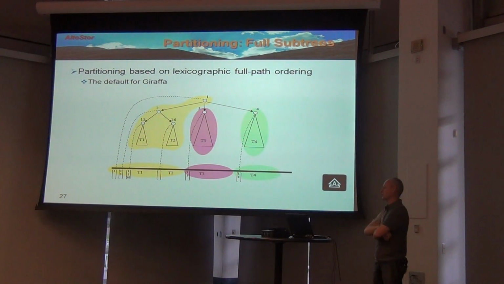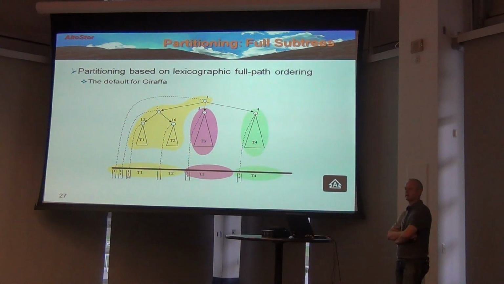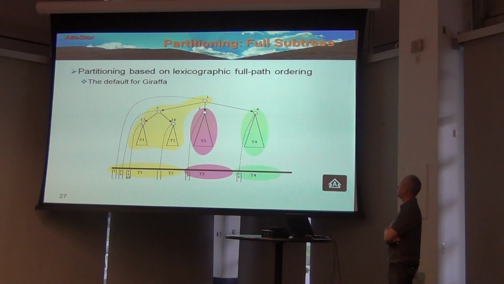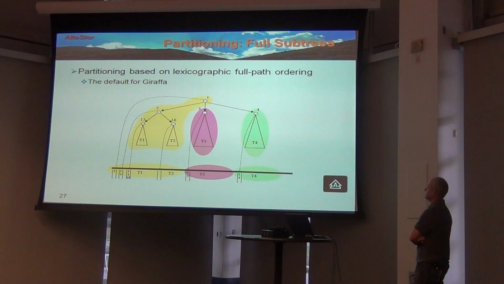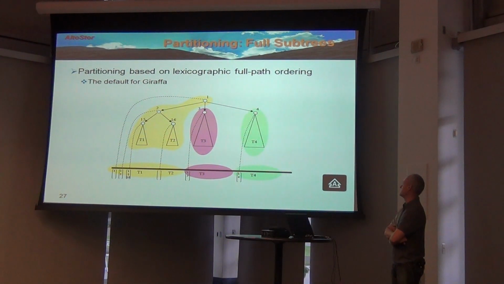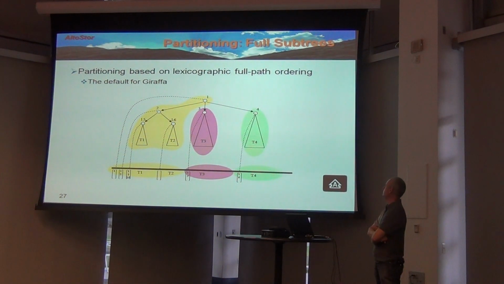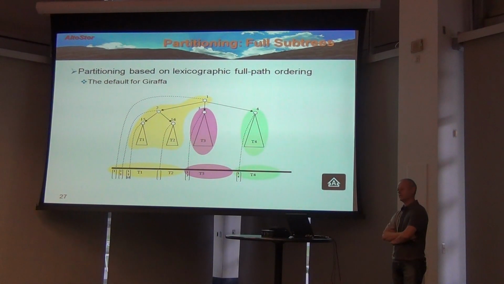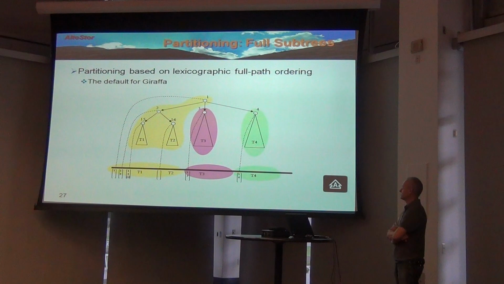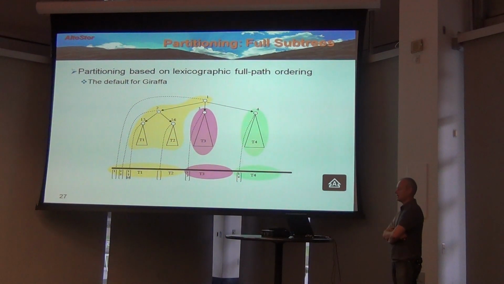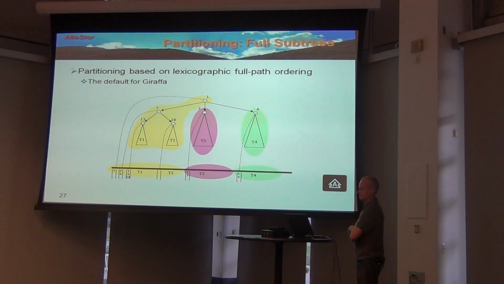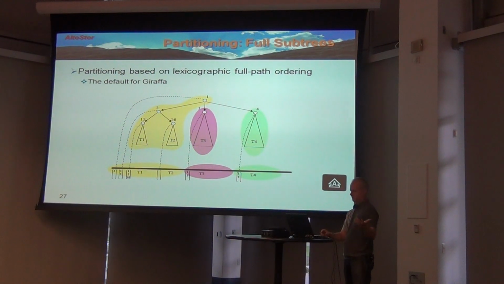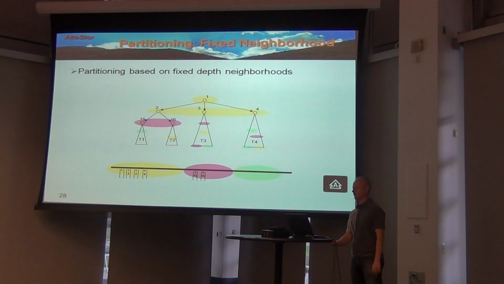This is what gives us the current default implementation of full path. Basically, we are projecting the full subtree into the same region. This is a good partitioning, because it guarantees locality, but it may be better than we need.